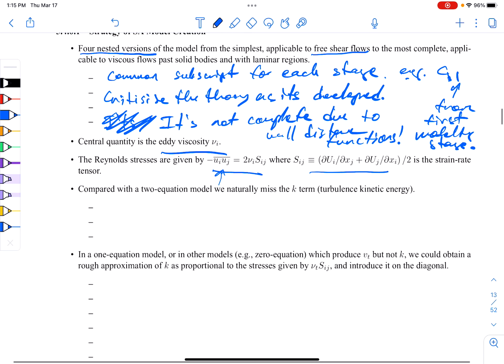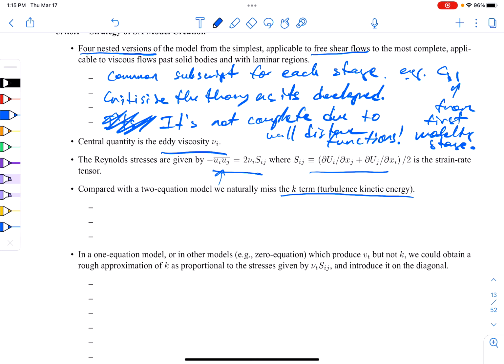And they note right away that unlike Baldwin-Barth and two equation models, they are not tracking turbulent kinetic energy K. So they really have no information about K, but they're critical of that. And they're critical of the Boussinesq and eddy viscosity models that might use a turbulent energy equation, like in a one equation model.